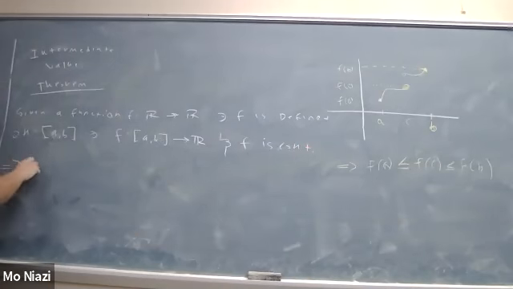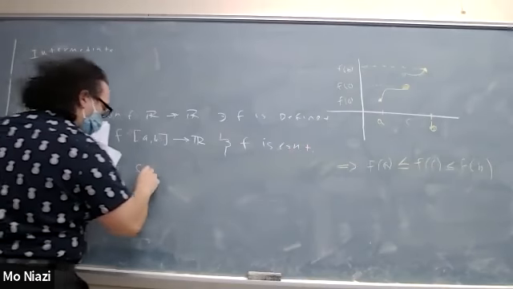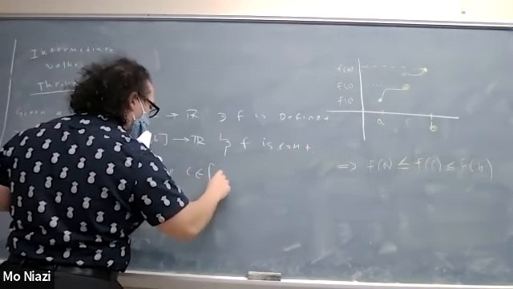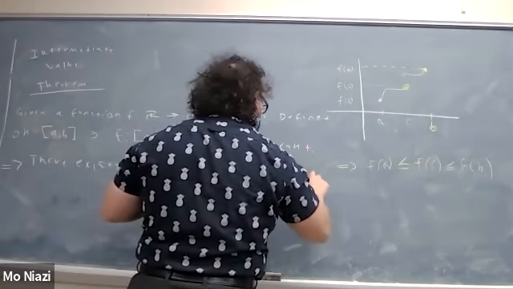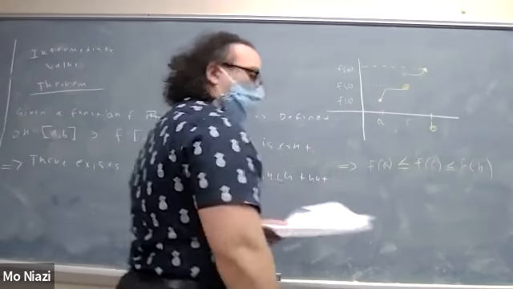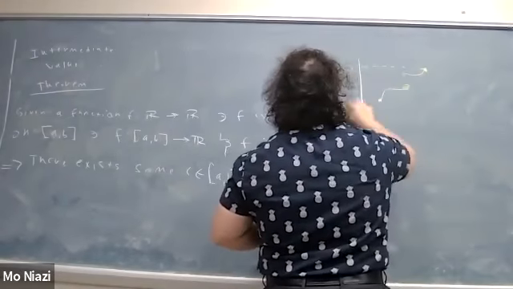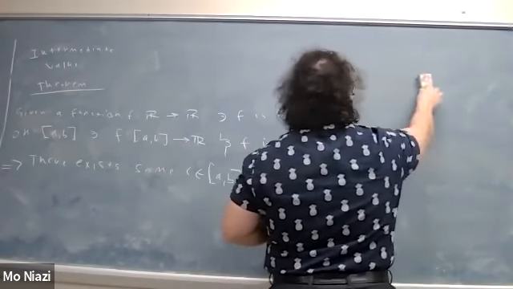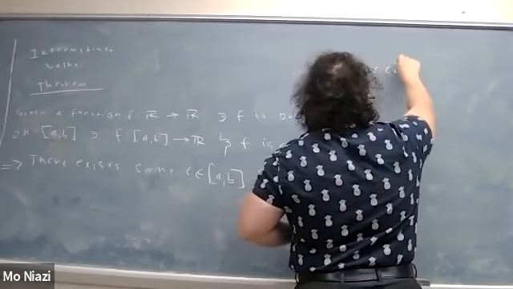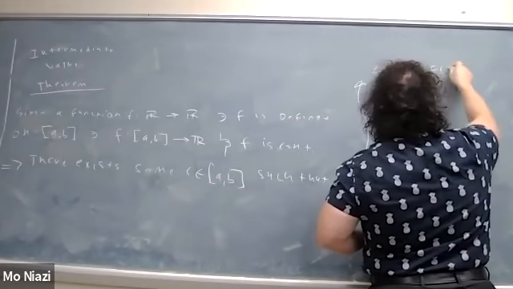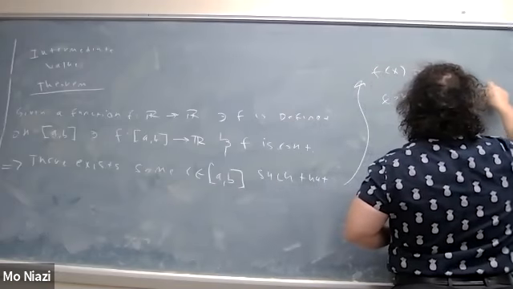That implies there exists some c in the interval [a, b], such that f of x is equal to f of c for some x in this.